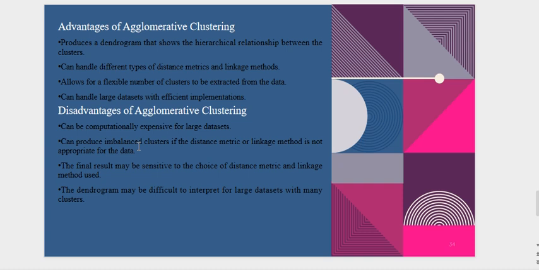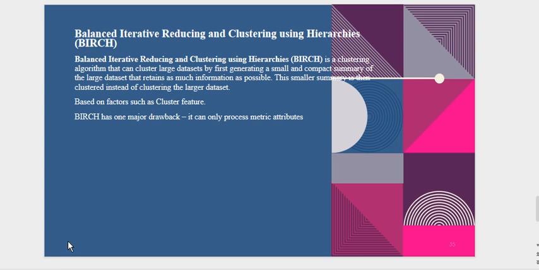The dendrogram may be difficult to interpret for large data sets with many clusters. Even though it can handle large data sets, it might be difficult for the dendrogram. It looks very clumsy if it is very large.